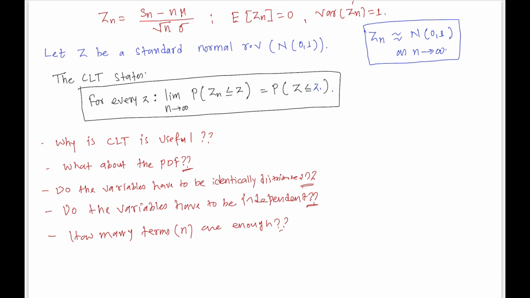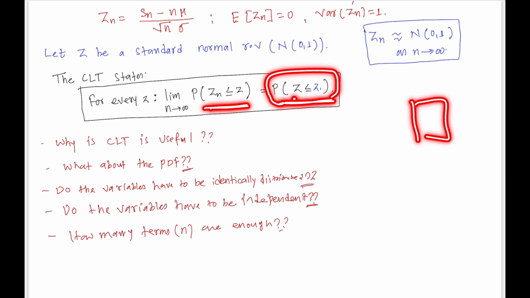Instead of doing the convolution, if you are trying to find this probability, you just need to look up the normal table, right? Because this is the probability that this random variable Z, and this random variable Z is nothing but the standard normal. So how do we find these kinds of probabilities of standard normal? By looking at the normal table, right? You can just look at the normal table and you will have the answer to this probability.